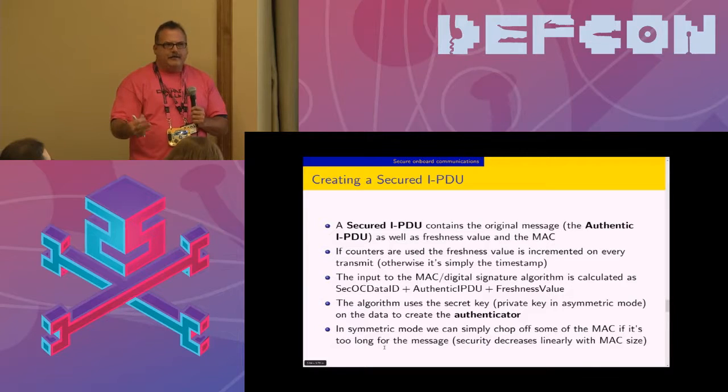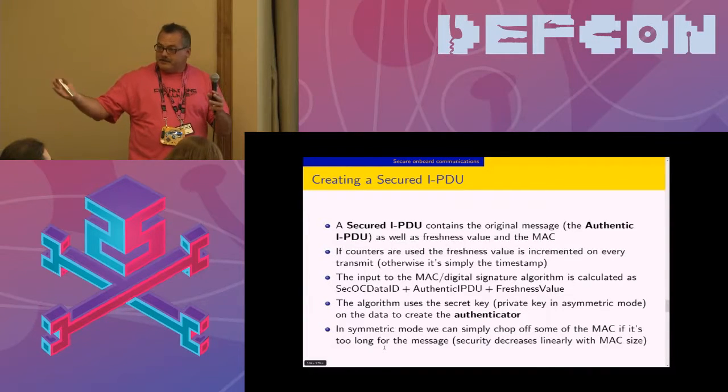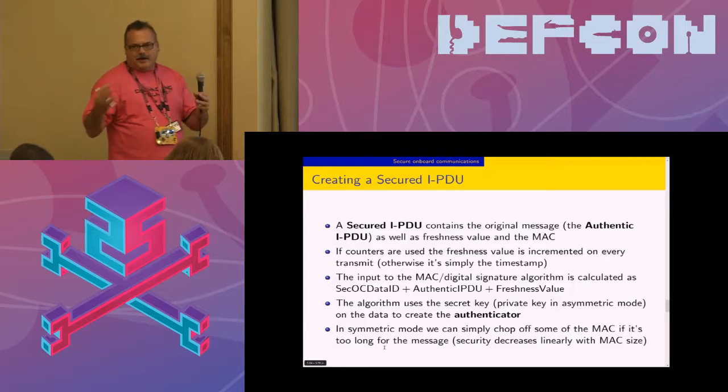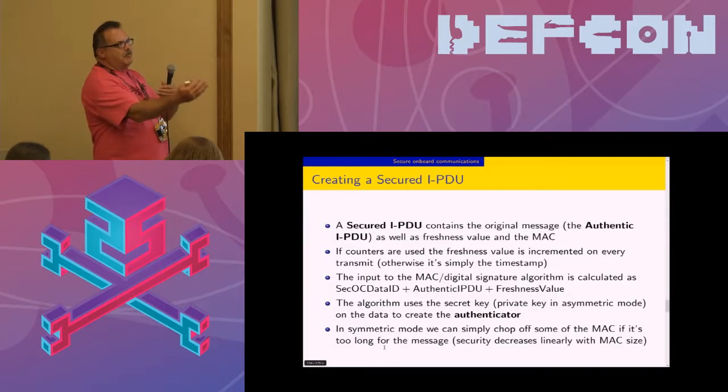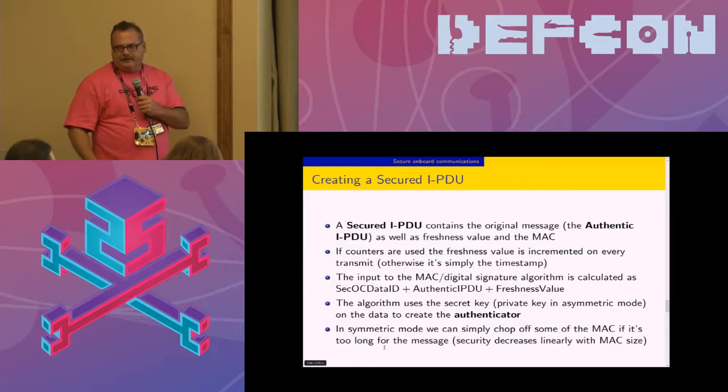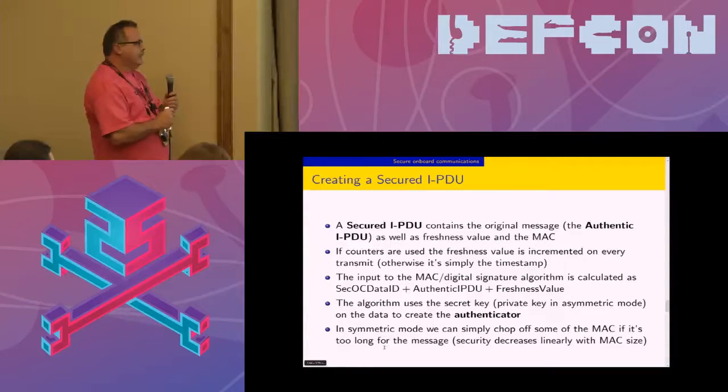CAN flexible data is basically a way that we can get more data in, so up to 64 bytes, and we can clock it as up to 8 times the speed. So I can fit in a lot more data in the same amount of time. That gives us so much more room to do a full implementation. We don't even have to truncate anything, okay, if we really didn't want to.